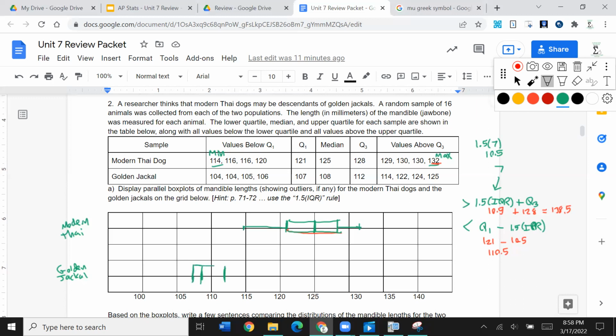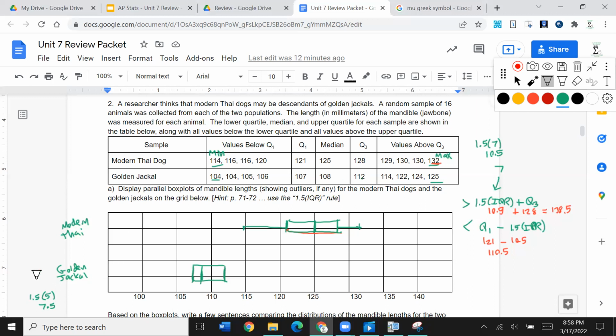So that's our box. And as far as our numbers go on the edge, let's do our 1.5 IQR. So our IQR, Q3 minus Q1, is going to be 5. So 1.5 IQR, 1.5 times 5 is going to be, let's see, 2.5 plus 5, 7.5. And I want to add that to Q3.